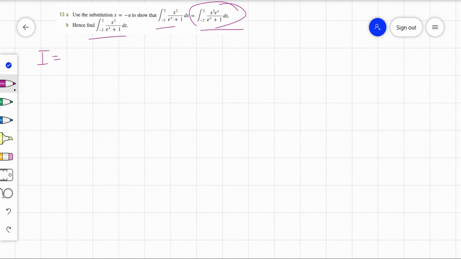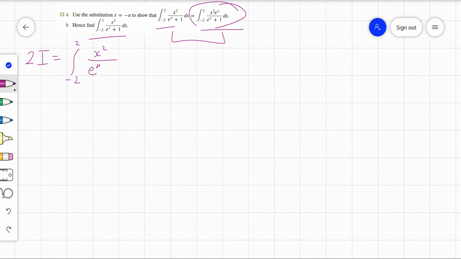So if I just want to integrate this, if I add these two together, I'm going to have 2 of the original integral. Think of it as 2 integrals: I'm going to add these 2 different versions, and you'll see why in a second.